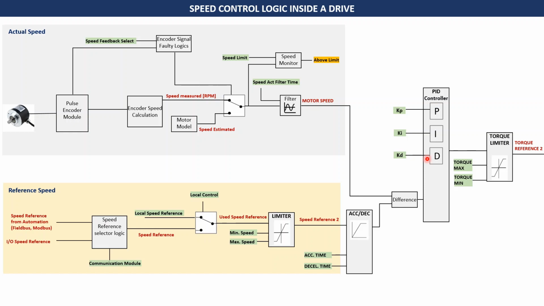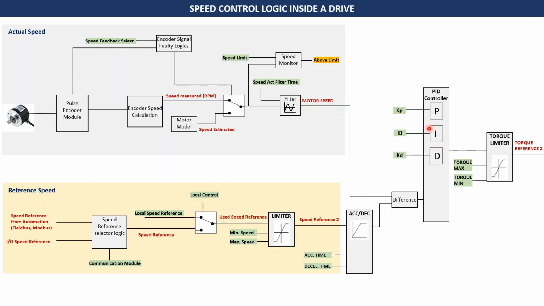As a part of tuning the controller, you can choose whether you want to use all these three parts or only kp or any combination of these. But for 95% of the practical purposes, only the P part of the controller is used. I'll explain why you don't need to use the I and D parts, but yes, mostly only kp is used.